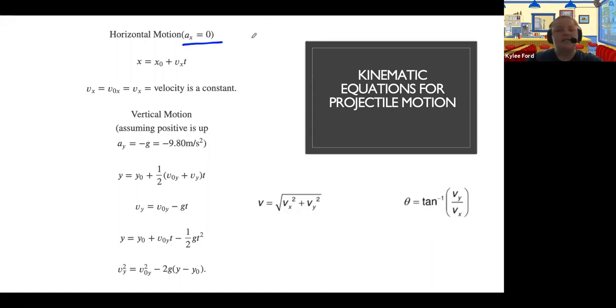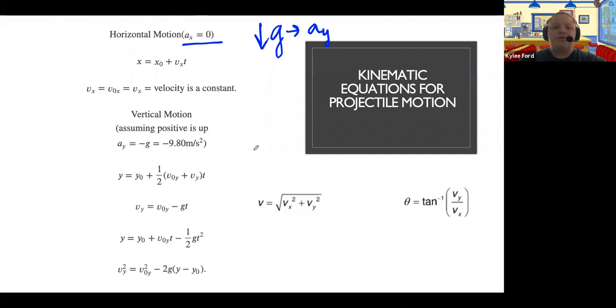Remember when I said that when we're looking at trajectories, we're only going to be considering our g, and that is in our y direction? So we won't have any acceleration in our x direction. That's the first point we want to make.